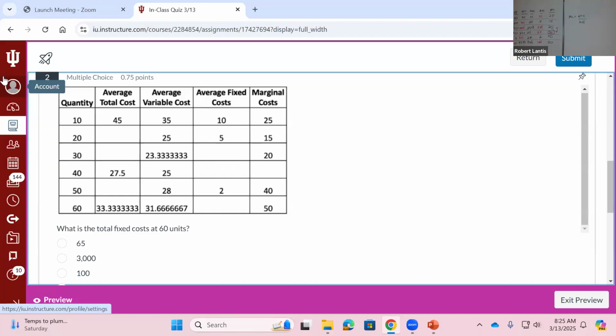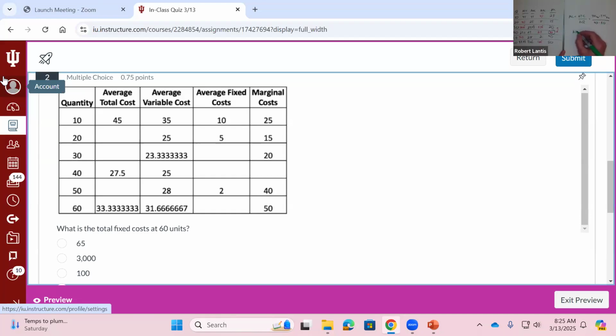So what is driving my change in the total cost? The change in my variable costs. So instead of using my total costs, I could use the total variable costs at those two quantities divided by the change in the quantity, which was 10. So how do I find my total variable costs?